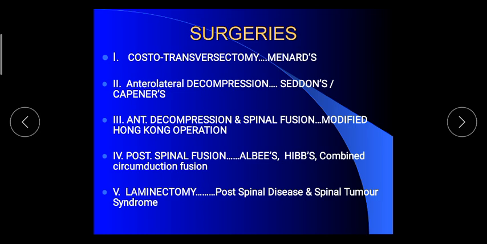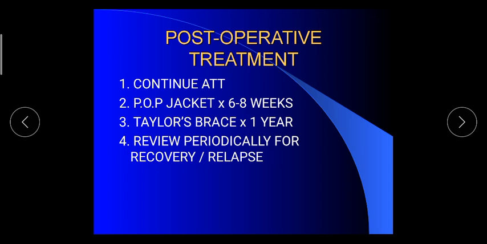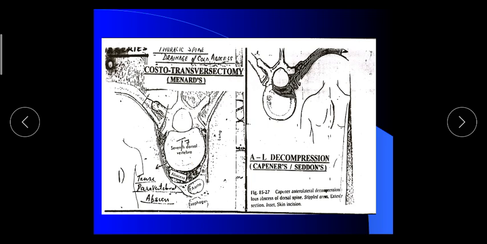Then laminectomy. Laminectomy is done only when there is a posterior spinal disease, when tuberculosis is there only in the posterior parts, that is spinous process, lamina. Here only laminectomy is enough. This is costotransversectomy.